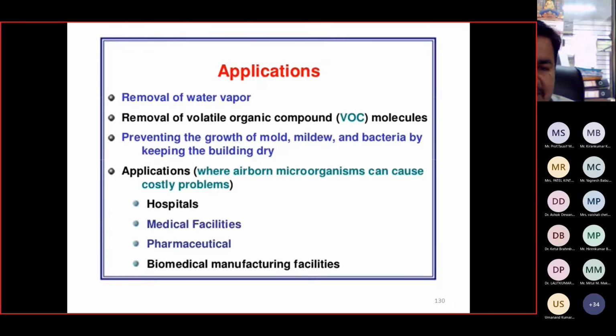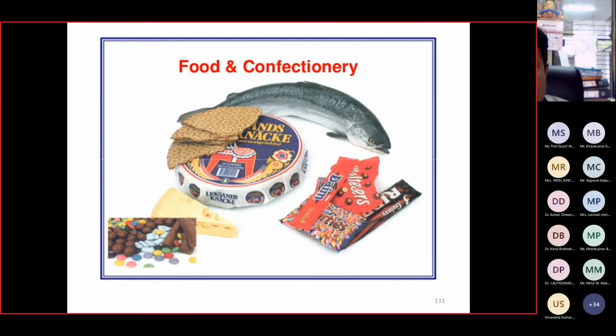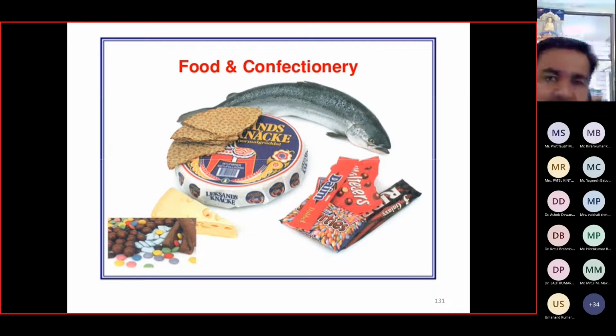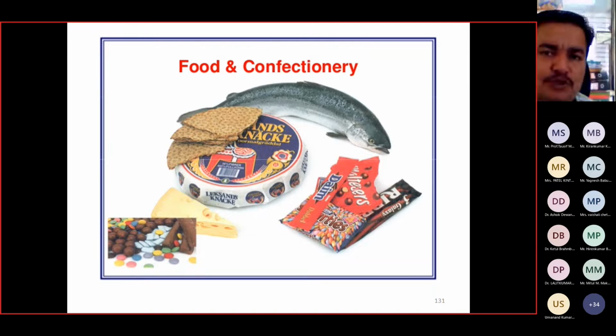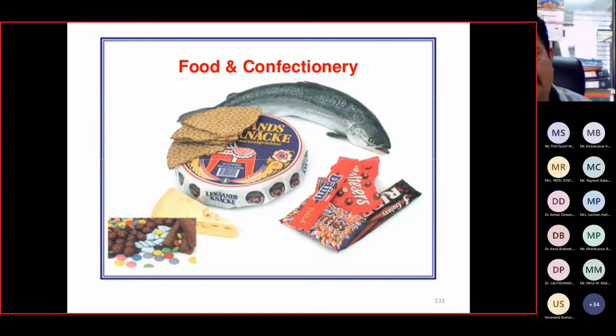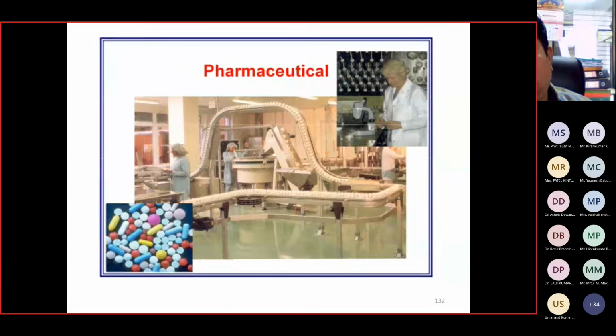So these are the various applications, starting from medical facilities to the food industry. To preserve food, it is necessary that a dry atmosphere is maintained in the packet, so dehumidified air can be produced successfully by this desiccant based dehumidifier in large industry packaging.